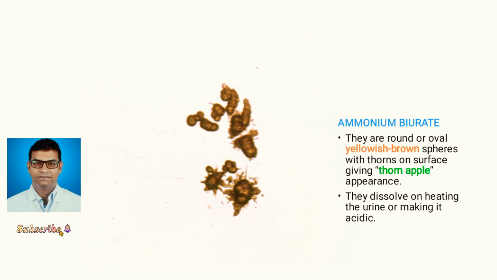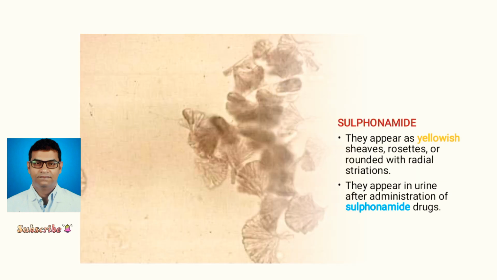They dissolve on heating the urine or making it acidic. Sulfonamides. These are yellowish sheaves or rosettes, rounded with radial striations. In the picture you can see the striations. They appear in urine after administration of the sulfonamide drugs.